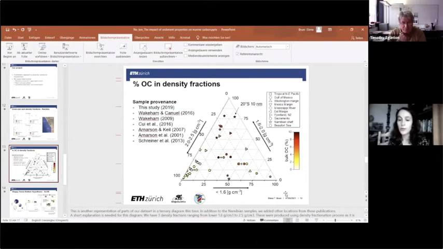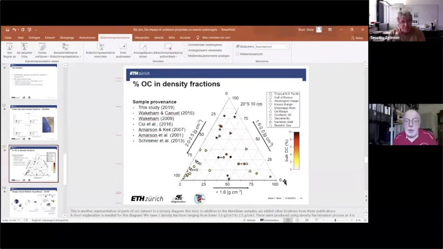Now here I also need to explain that we don't really have all of the data yet. So the white color of some of the shapes is because we don't have the bulk organic carbon concentrations of these samples. So I cannot say that this has no organic carbon in here, but we just don't have the data yet. Okay, so that makes a big difference, of course.